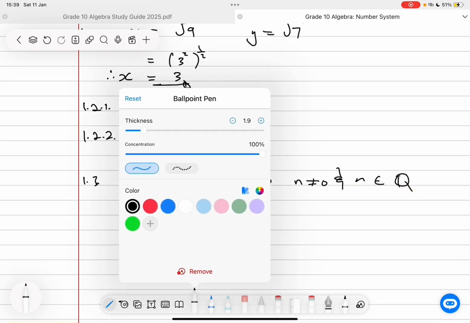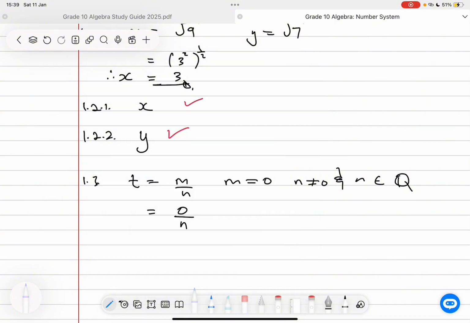Remember that the rational numbers can actually be written in the form of a over b, where a and b are integers, but b should not be equal to 0. So n can be any fraction a over b.